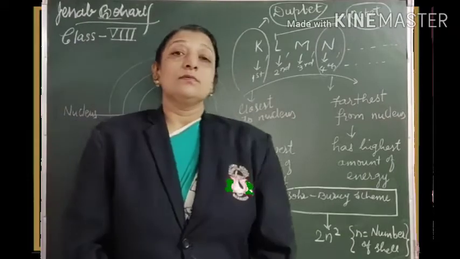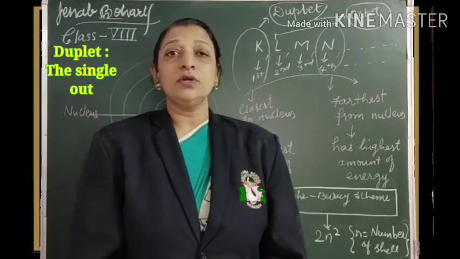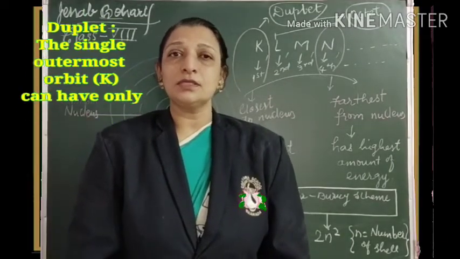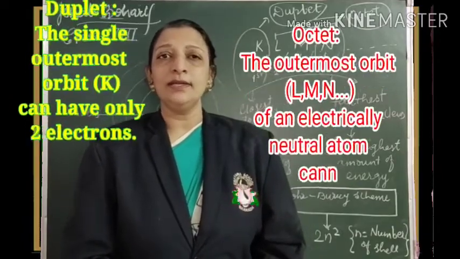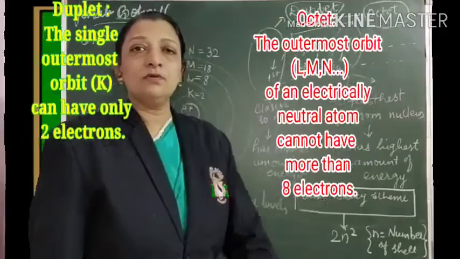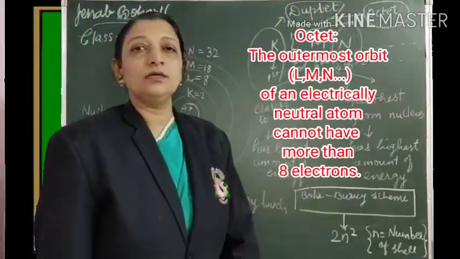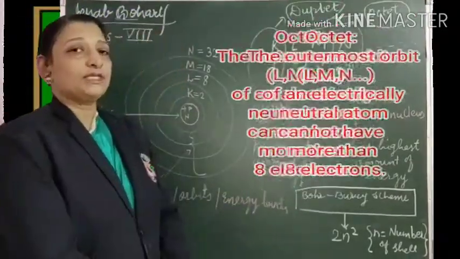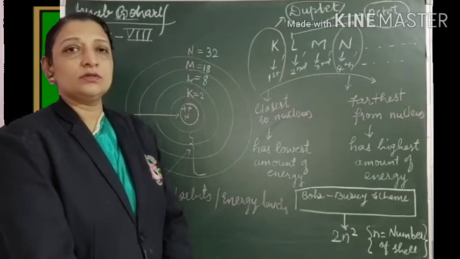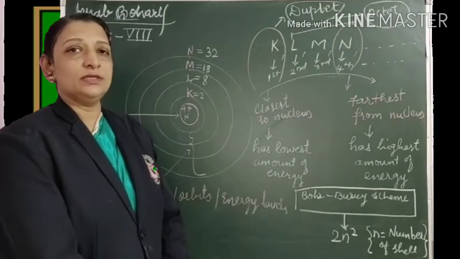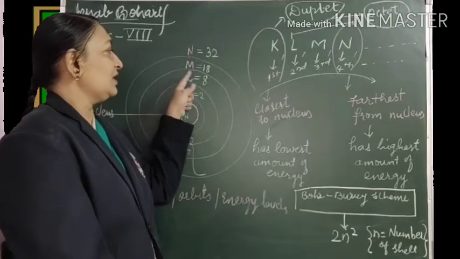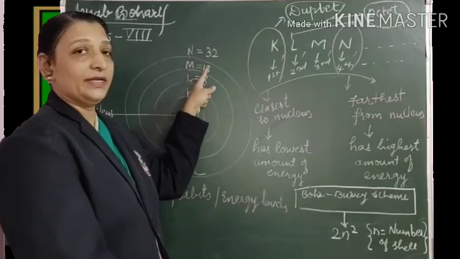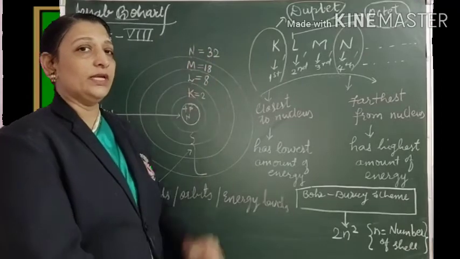Dear friends, besides this, we also have to keep in consideration the capacity of elements to form duplet and octet. From this discussion, we can say that the maximum number of electrons which can be held by the shells is: K shell 2 electrons, L shell 8 electrons, M shell 18 electrons and N shell 32 electrons.